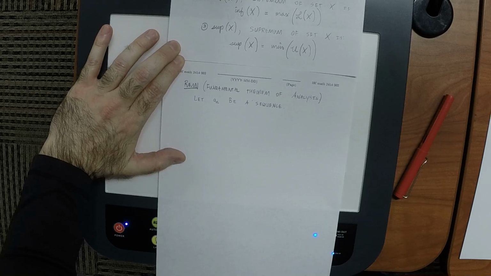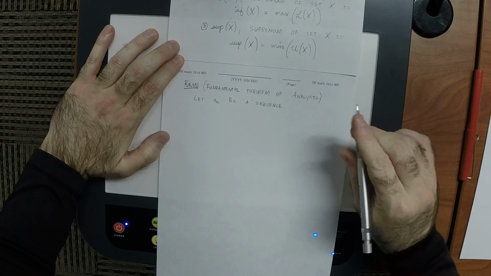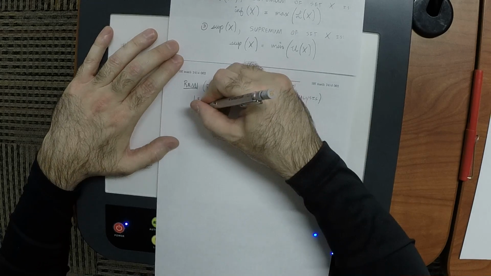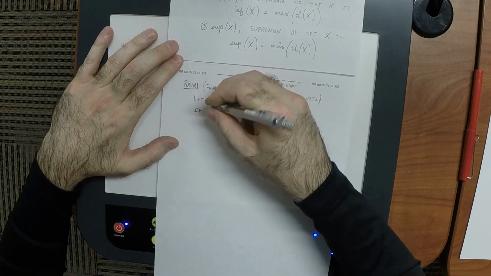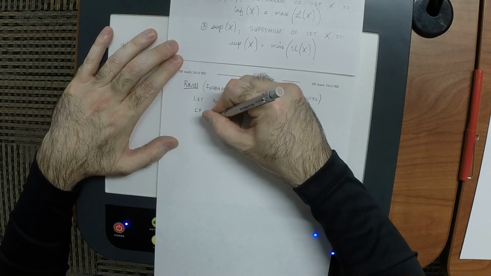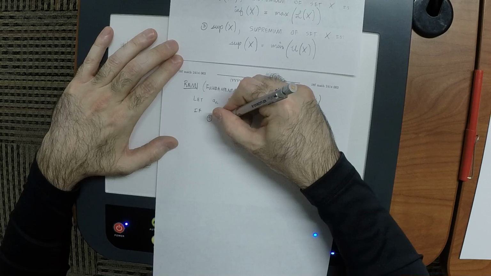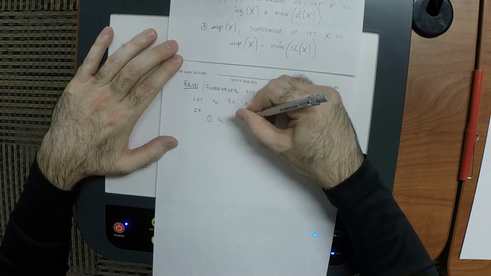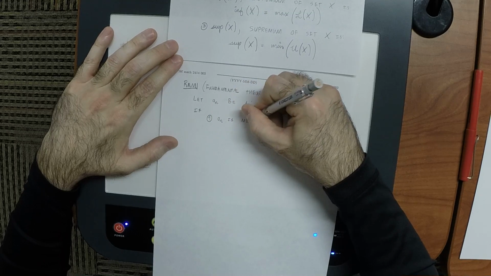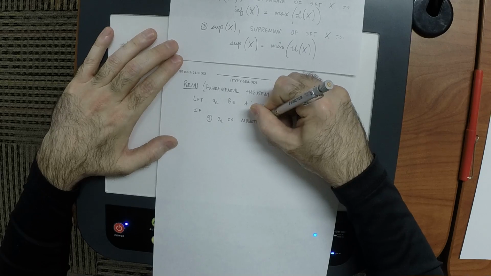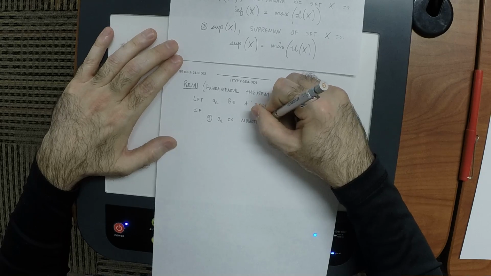If there are two requirements: first, A_N is monotone decreasing.